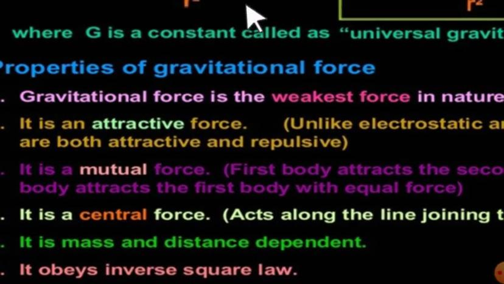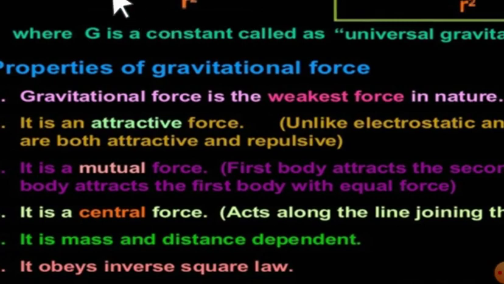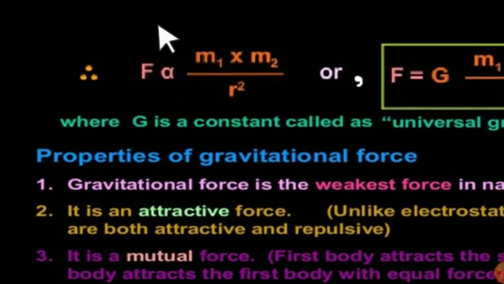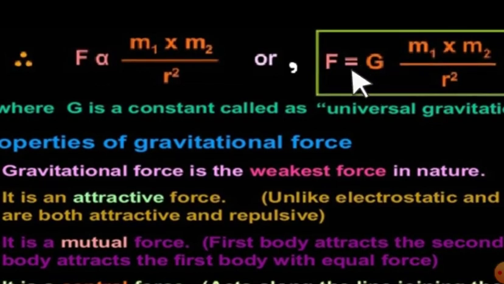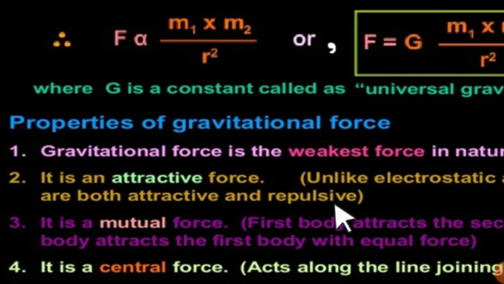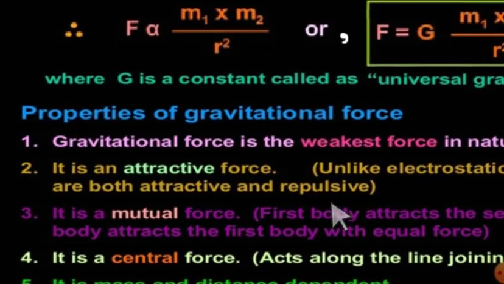Got it? To change this proportionality into equality, we require a constant, right? That constant of proportionality is denoted by capital G. So F equals G times m1 into m2 divided by r square, where G is a constant known as the universal gravitational constant.